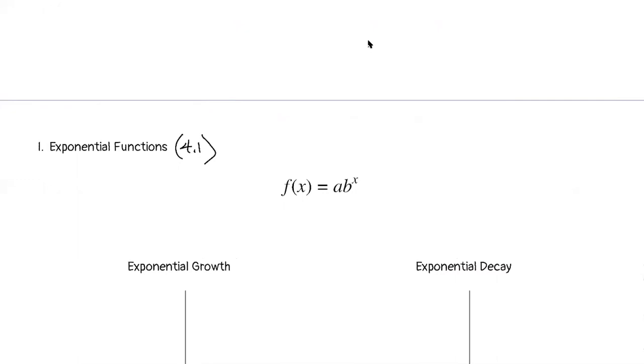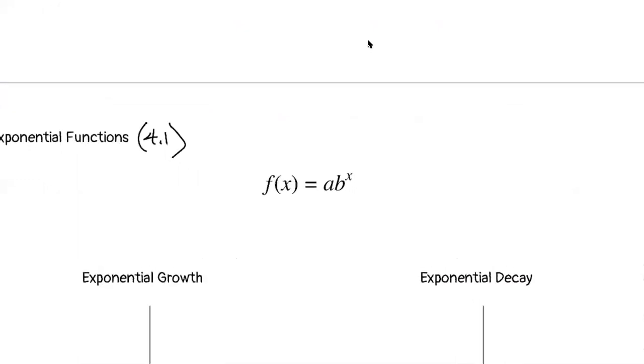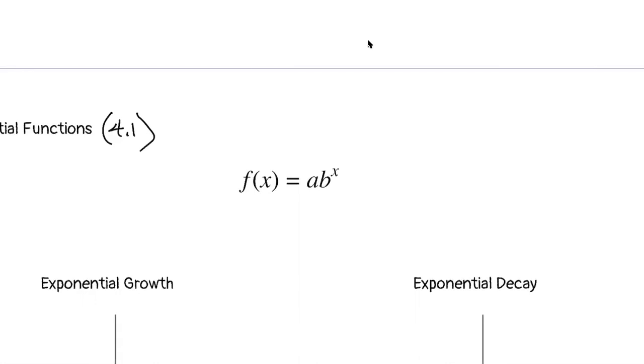But it turns out that every exponential function is of this form, f of x equals ab to the x. As we're going to learn in just a little bit, these letters stand for different things in an exponential model. So let's label a few things here.